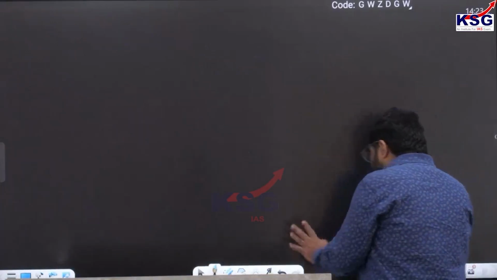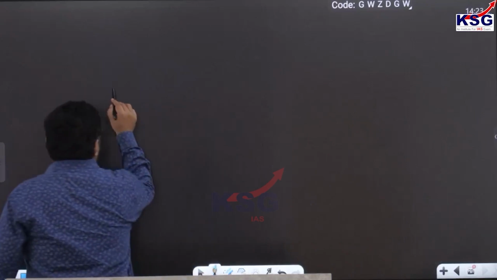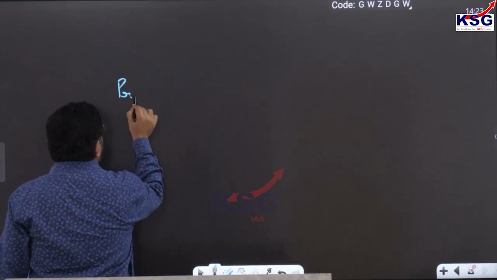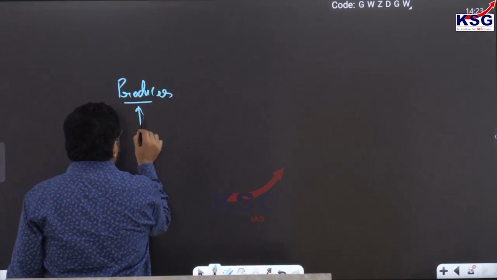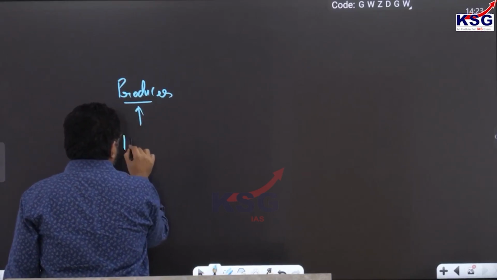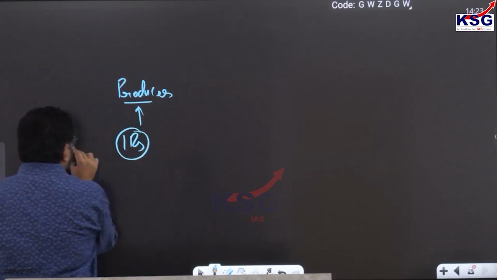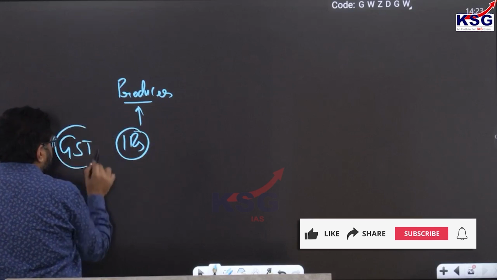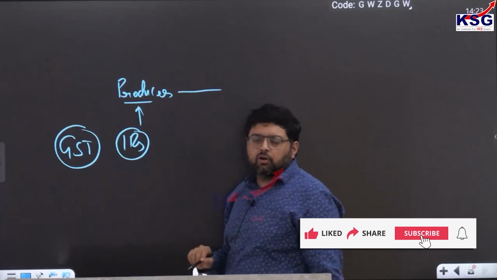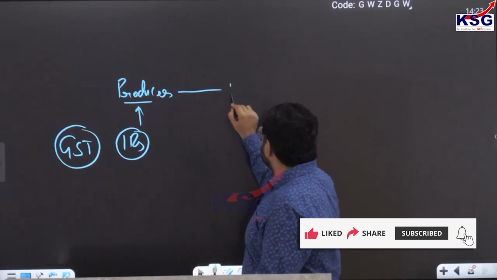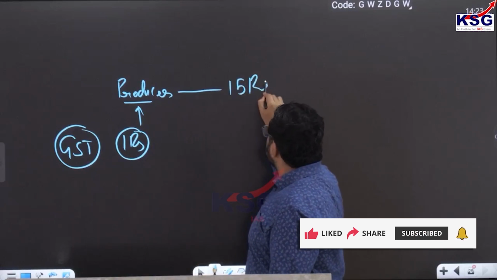If not clear, I will explain again simply. Assume yourself as a producer. You purchase a raw material of 10 rupees, and for that you pay GST of 1 rupee. On that raw material, you do some value addition and sell it to the consumer at 15 rupees.